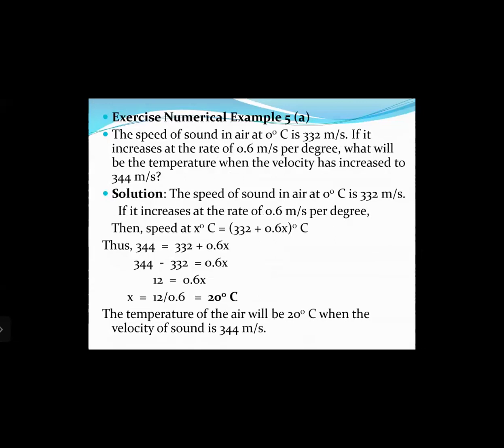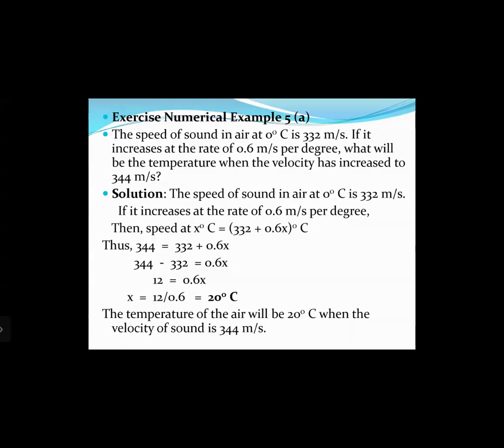That means if it increases at the rate of 0.6 meter per second per degree, then we can write an equation. Speed at x degrees Celsius will be equal to 332 plus 0.6 times x, right? Thus 344 equals 332 plus 0.6x. So we can write 344 minus 332 equals 0.6x.